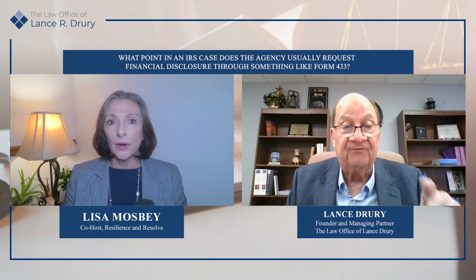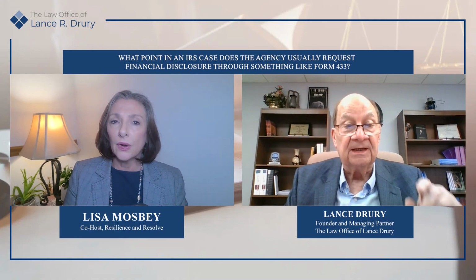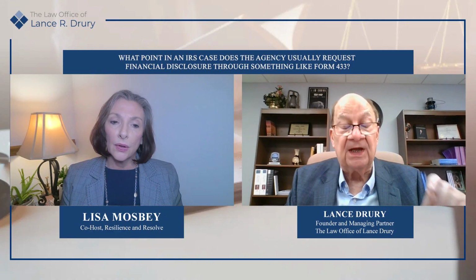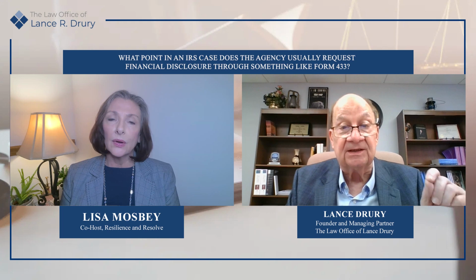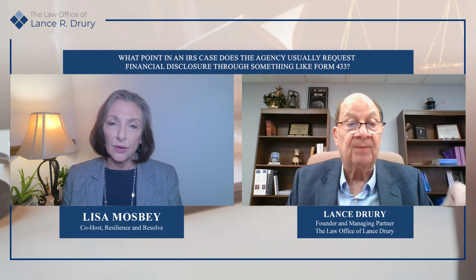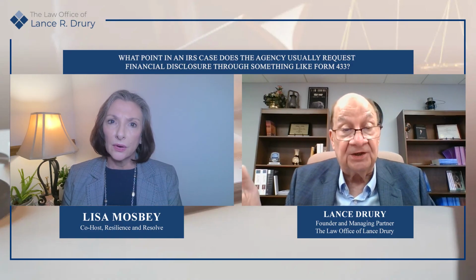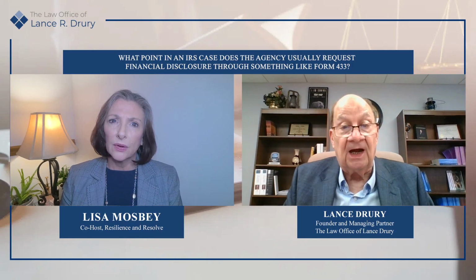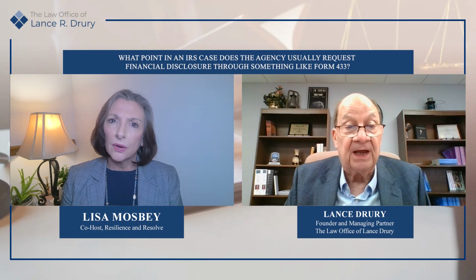The purpose of that 433 is to see what your ability to pay is. So, in every case where you're seeking to pay less than the full amount back to the IRS, whether it's an offer in compromise, a partial pay installment agreement, or to be placed in financial hardship currently non collectible, you have to prove to the IRS that you don't have the ability to pay it all back.